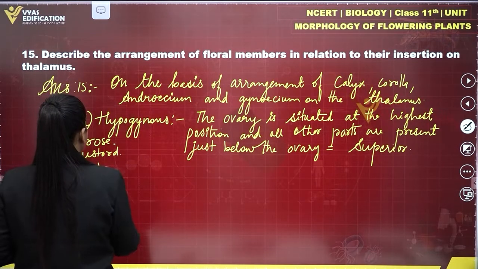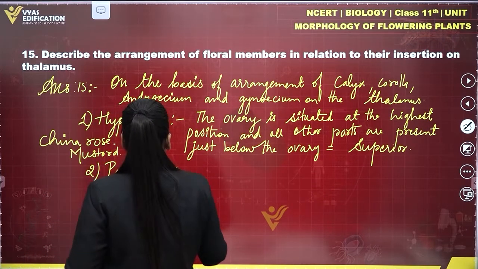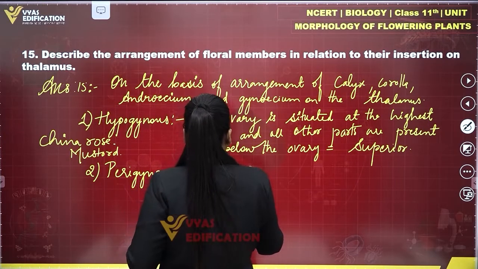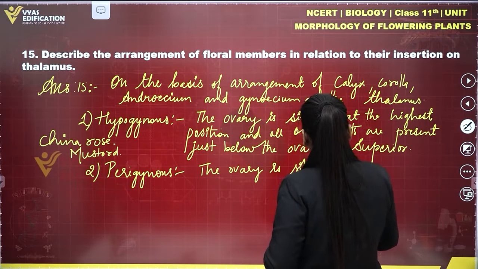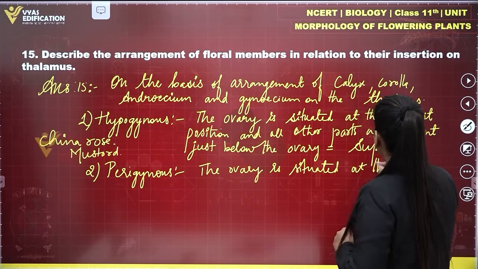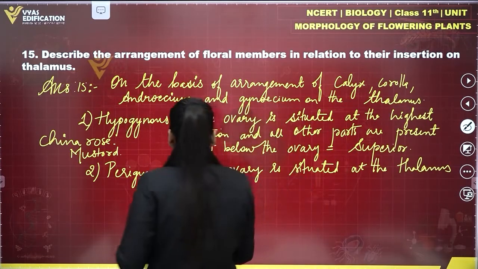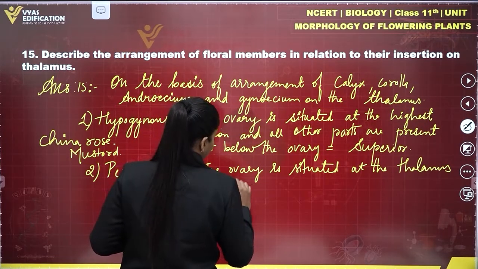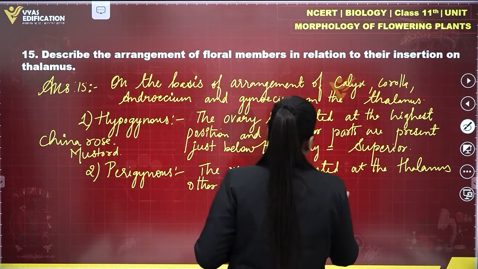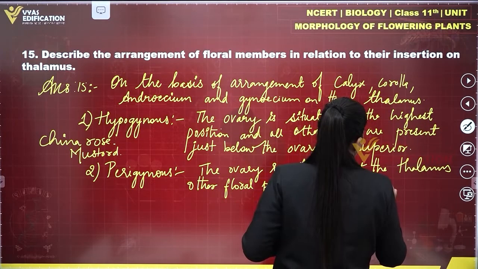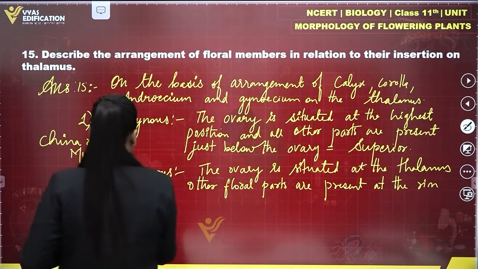Then the next one we have is perigynous flowers. In this, the ovary is situated at the thalamus and other floral parts are present at the rim of thalamus.